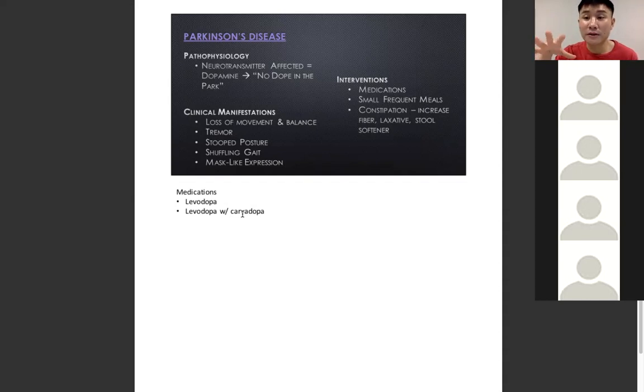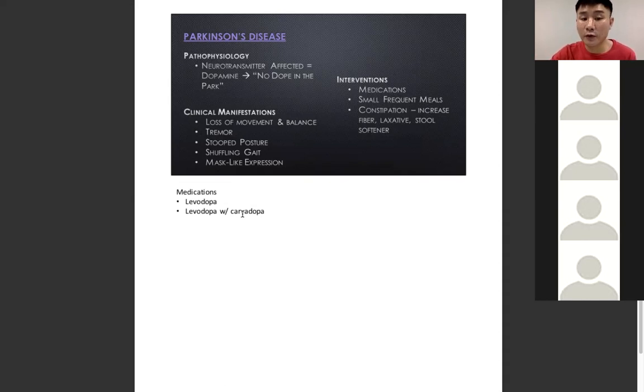These patients usually move very slowly. However, the first and earliest sign of Parkinson's disease is tremors, like their hand will be shaky, and then the movement will be slower.